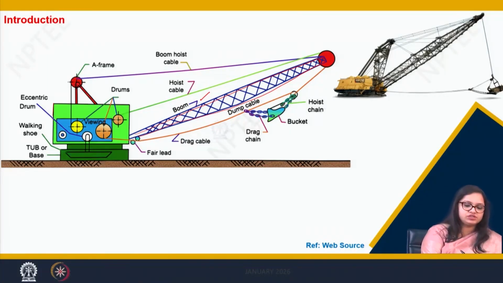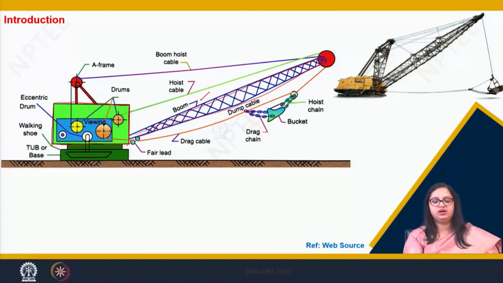Now, this is the superstructure onto which the complete control panels and the controlling motors are housed, where there are multiple sheaves housed which are connected to different motors for operation of the complete dragline.